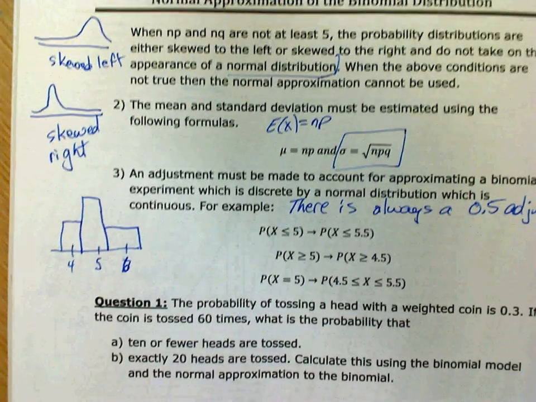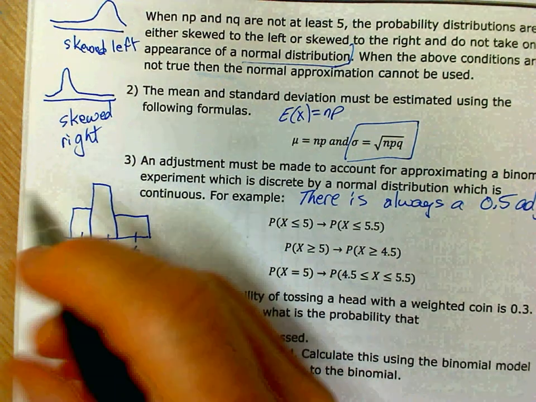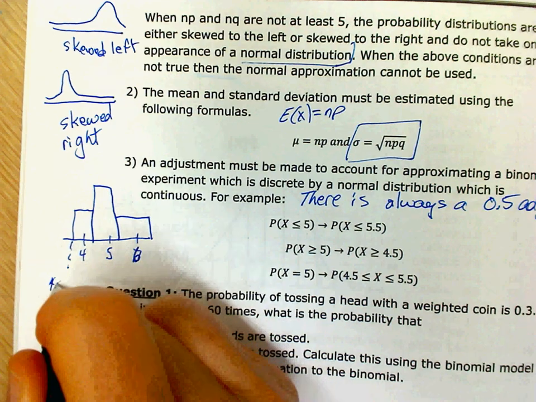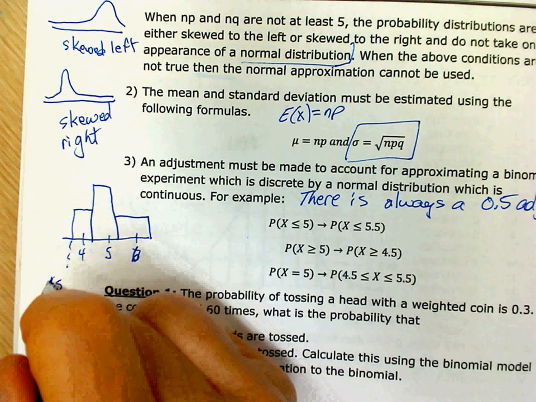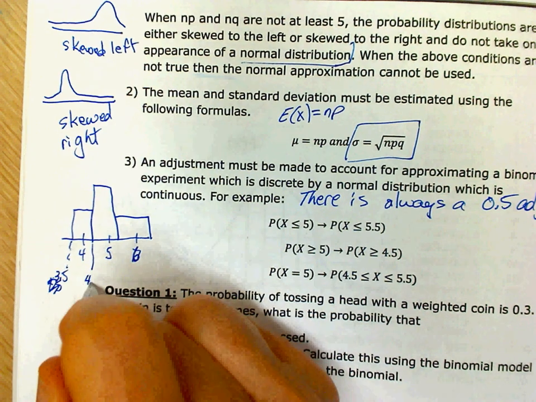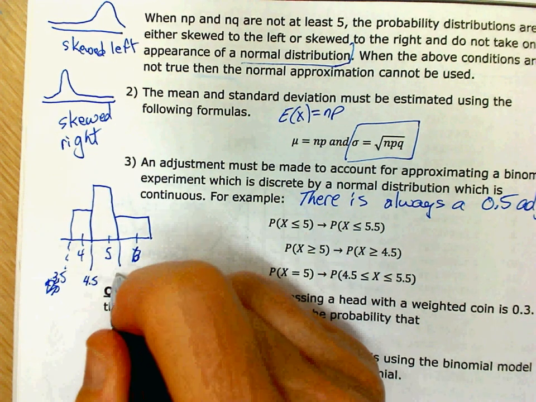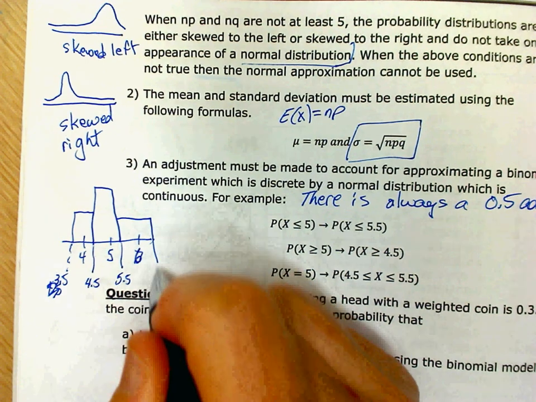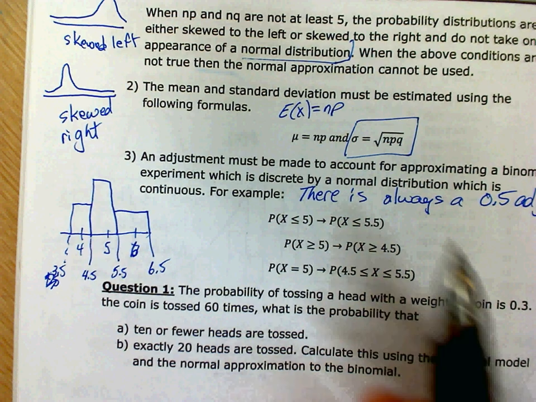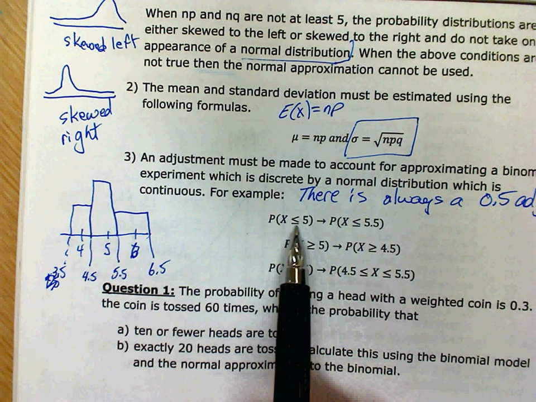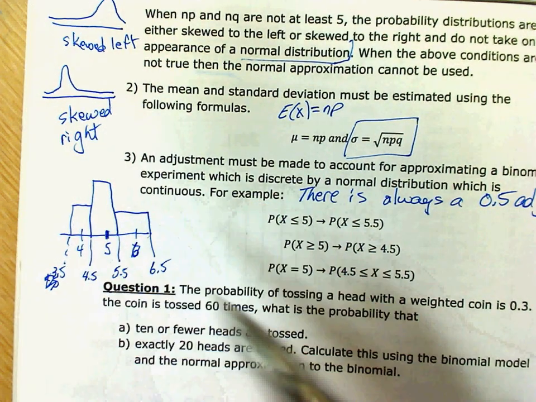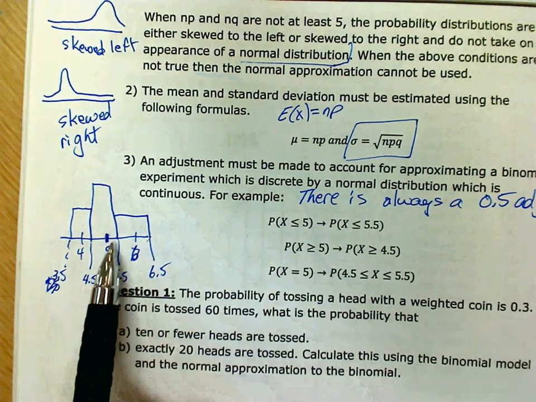Do you notice that this value here would be 3.5, this value here would be 4.5, this value here would be 5.5, this value here would be 6.5? Do you agree? So if we want the probability it's less than or equal to 5, which is there, then we have to go to 5.5 to get it all.